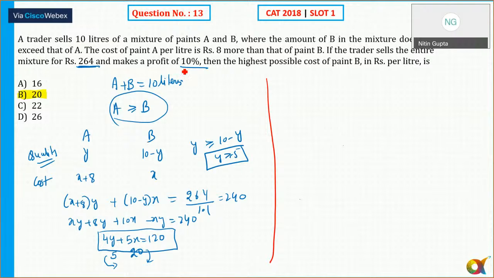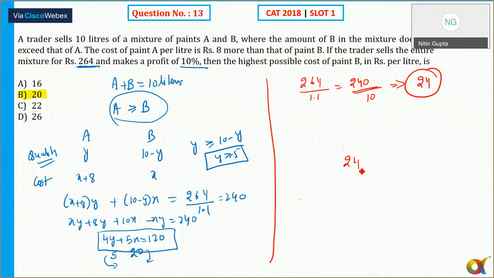That is 264 by 1.1. The total selling price is 264 for the mixture, and there is a profit of 10%. So 1.1 times the cost price is equal to 264, which gives 240. So this 240 is the cost price of 10 liters. So per liter, the cost price is rupees 24. That is the average, so the average cost price is 24.